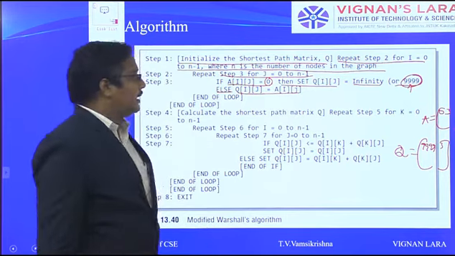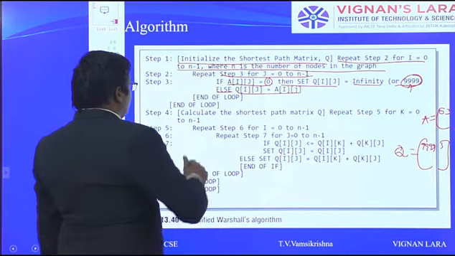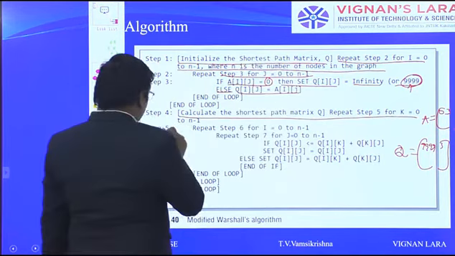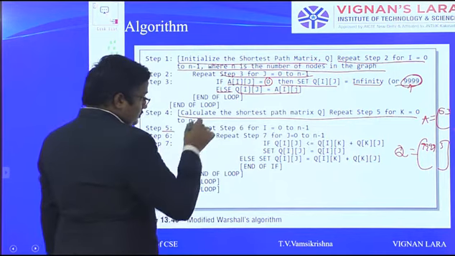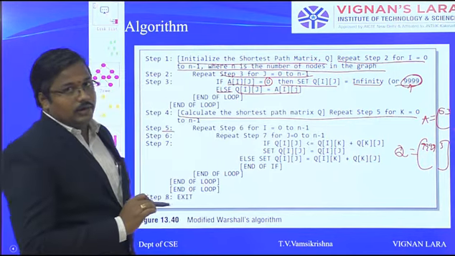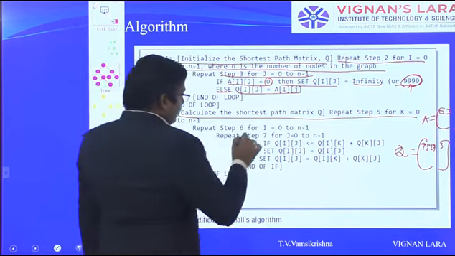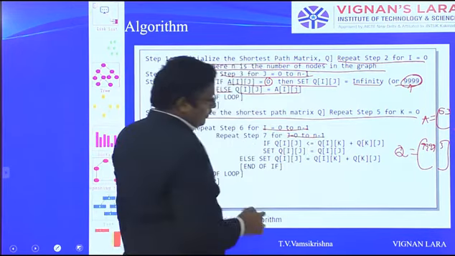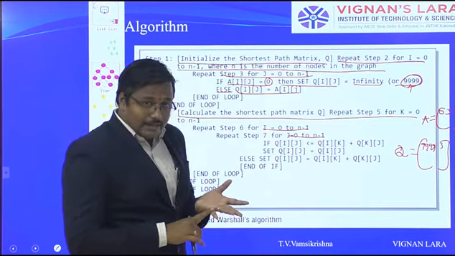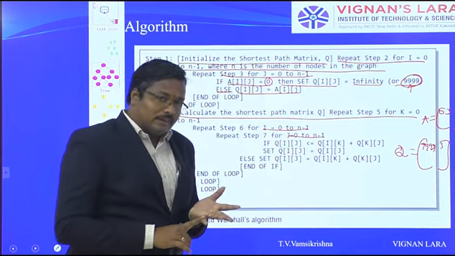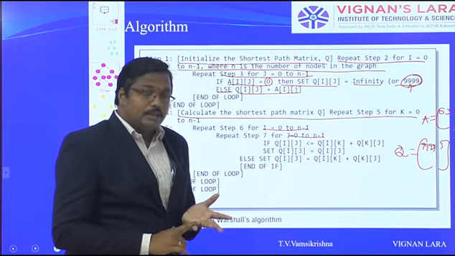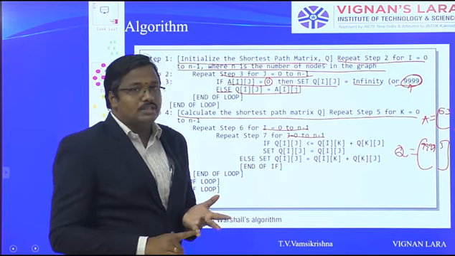Then calculate the shortest path matrix: repeat step 5 until the end, for i equal to 0 to n minus 1 and j equal to 0 to n minus 1. One time we take 0 as the via vertex, another time 1, another time 2.